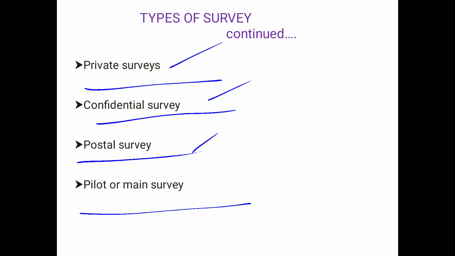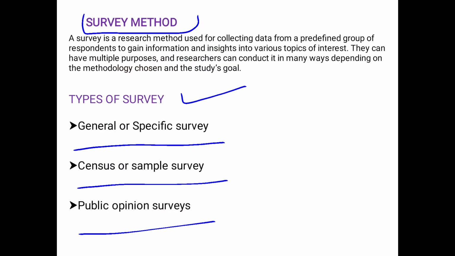These are the main types of survey method. To repeat: general survey is without any specific objective, specific survey is with specific objectives. In a census we collect data from all the members of the population; in a sample survey, data is collected from a few samples.